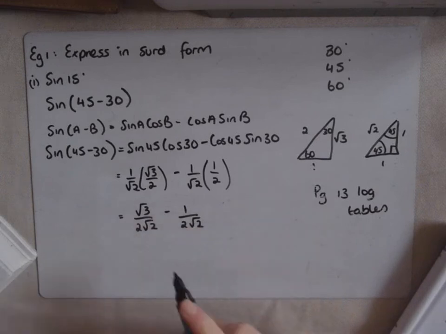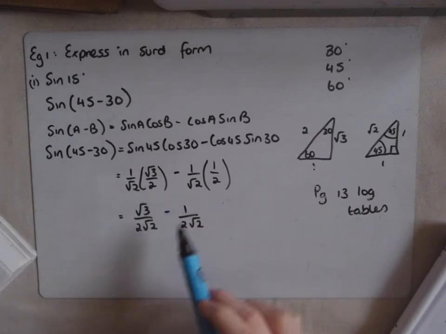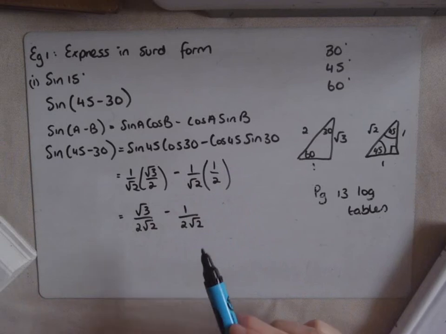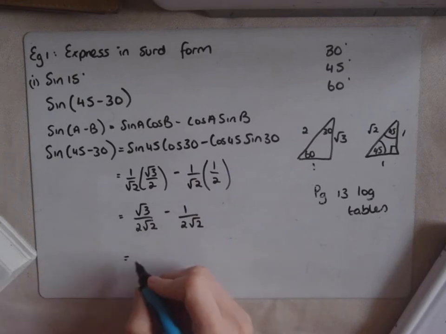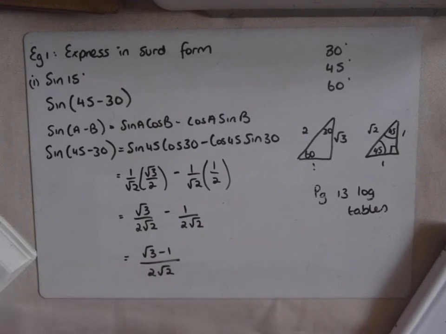Just tidying that up, top by top, bottom by bottom. They're both over the same denominator. So you have root 3 minus 1 over 2 root 2.